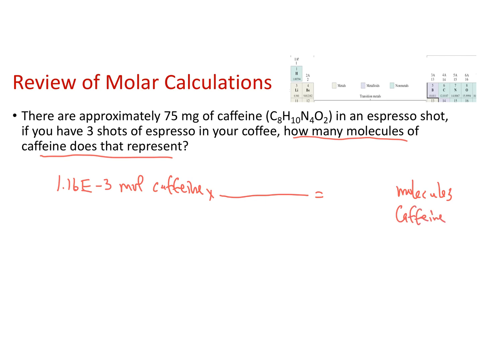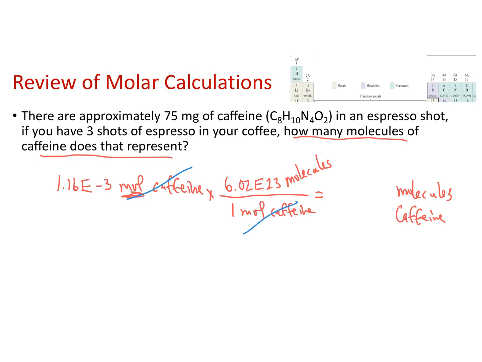The only thing that relates moles and molecules is Avogadro's number. I know for every 1 mole of a sample, I need to have 6.02 e to the 23 molecules in 1 mole of caffeine.